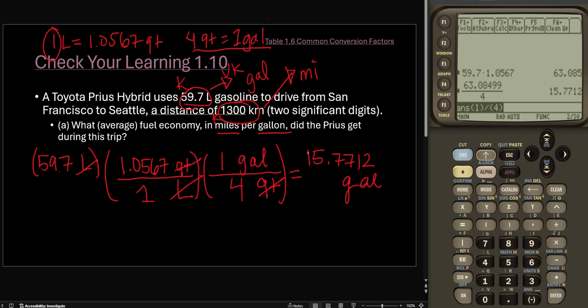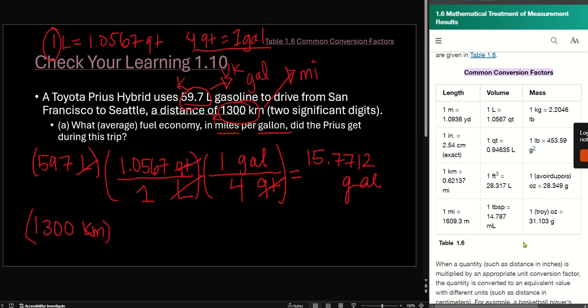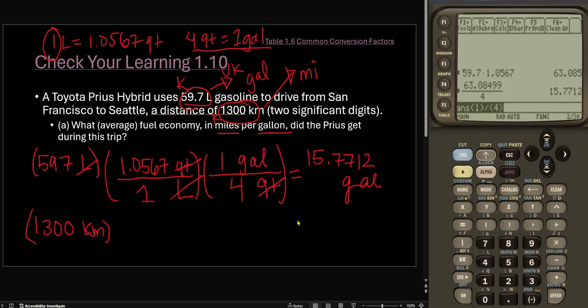Next, we need to convert the kilometers to miles. And luckily, this one's going to be much easier. So let's pull up our conversion factors. 1 kilometer equals this many miles, 0.62137. So that's a direct conversion factor.